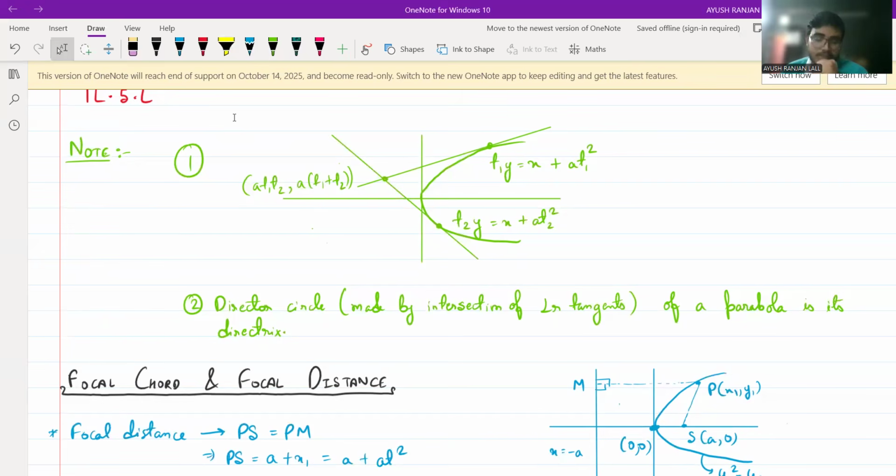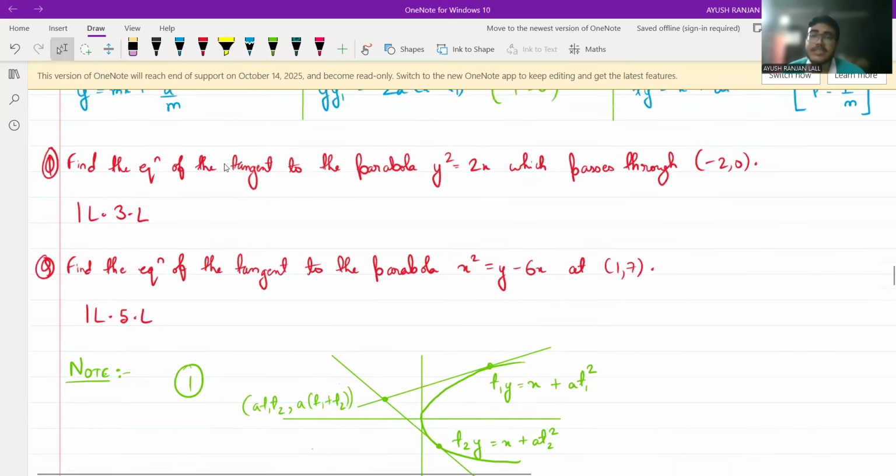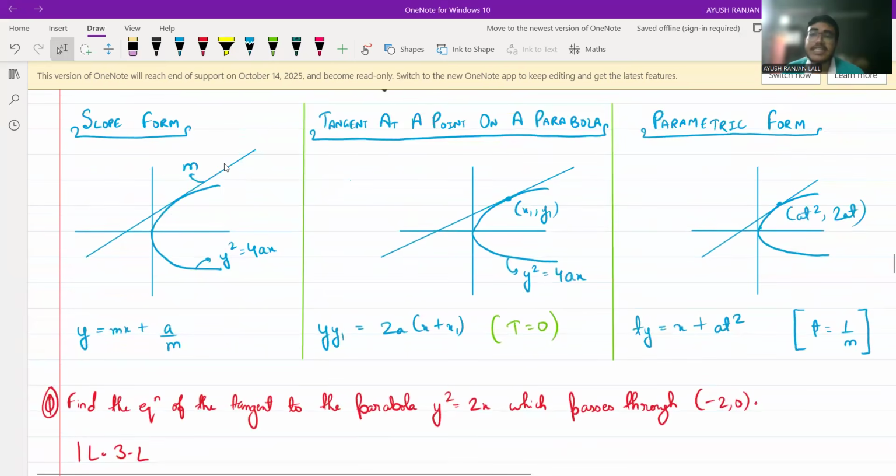Okay, next. Director circle. Why have I written only director circle here? Because the director circle is made by the intersection of perpendicular tangents. In the above point, we have seen tangents. So here, if they are perpendicular, what can I say about the relation between T1 and T2? Let's see above. T is equal to 1 by M. I think all of you can see this.